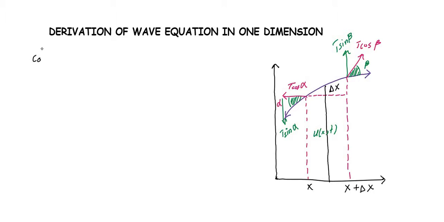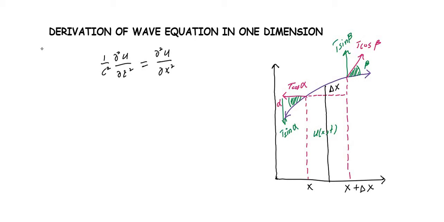If I tell you about the equation which we are going to derive, it is a second derivative equation: 1 by c squared times the second derivative of u with respect to t equals the second derivative of u with respect to x.